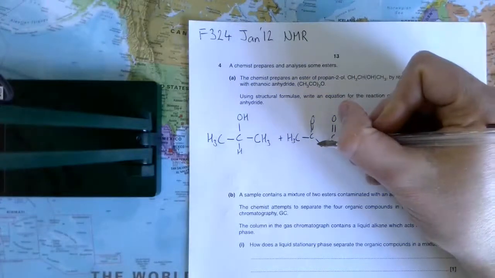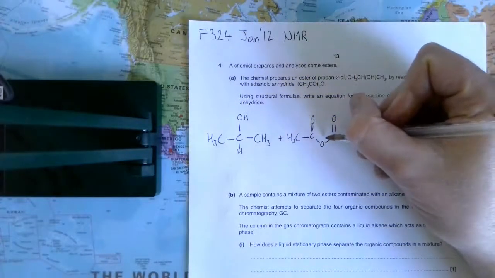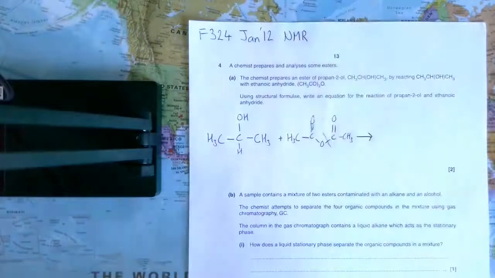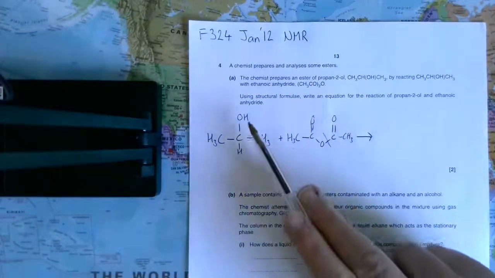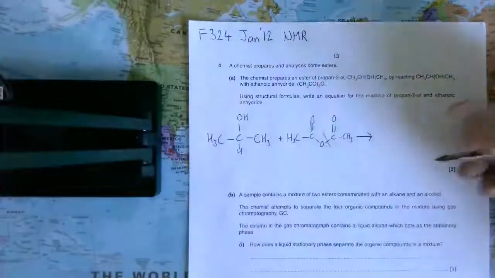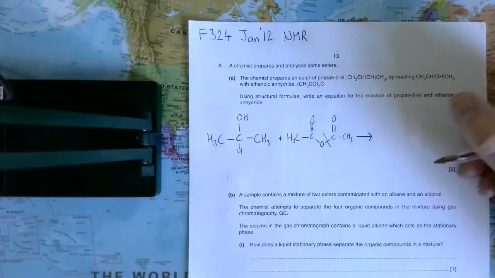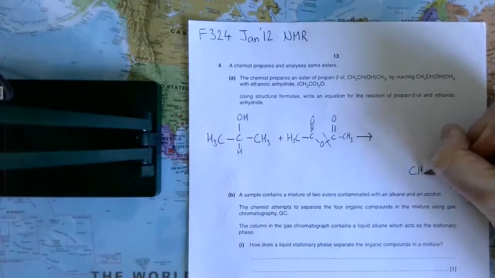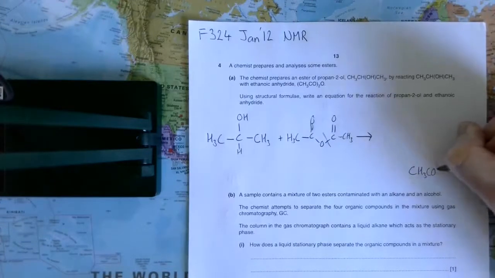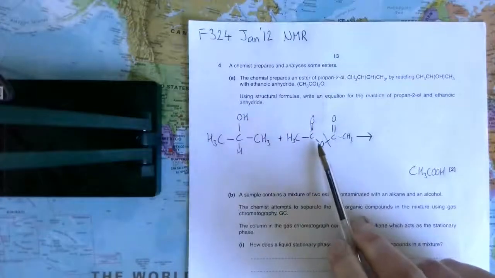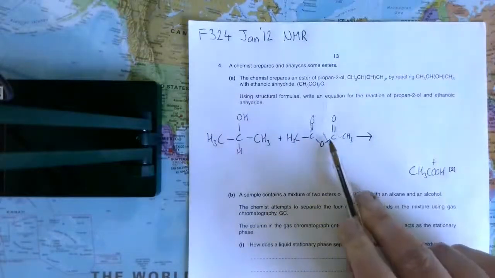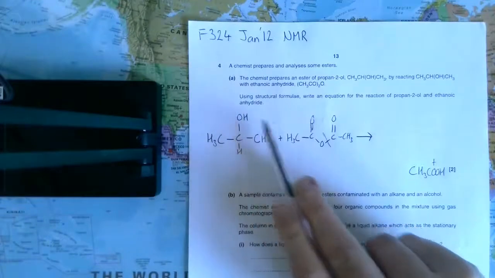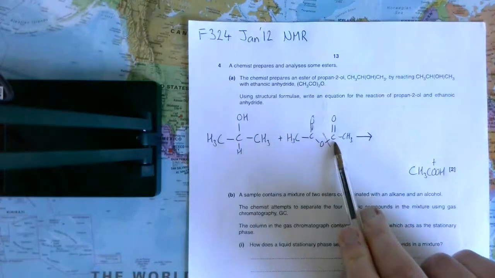With the acid anhydride, you're going to break the bond here, and this section is going to go with the proton from the alcohol, and what you are going to get is ethanoic acid as your byproduct. So that's us picking up a mark there, and now what we've got to do is bond from the oxygen of the alcohol to here.